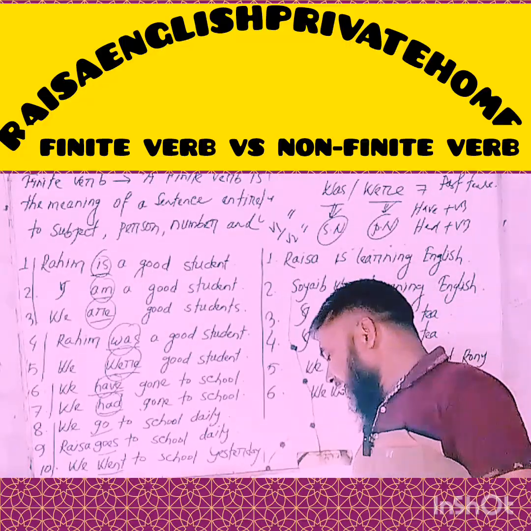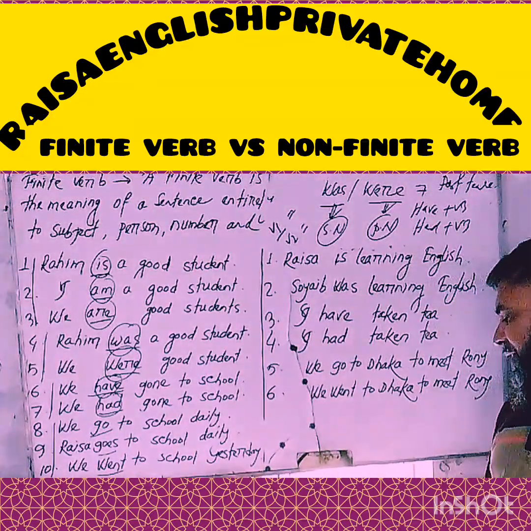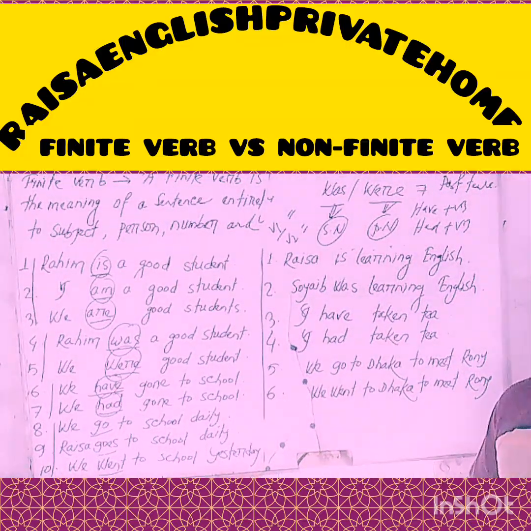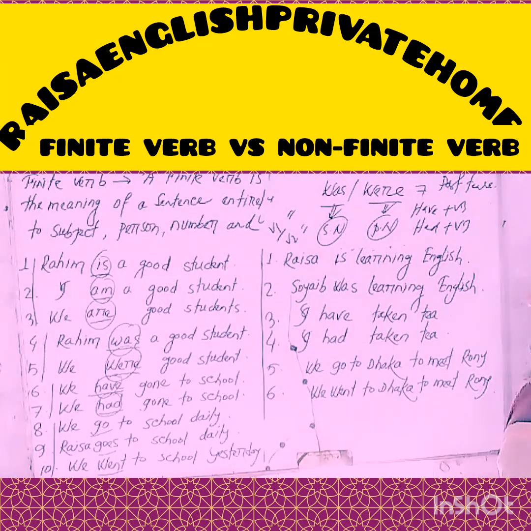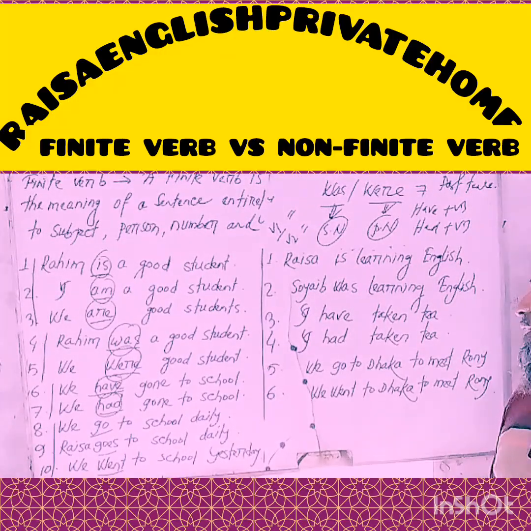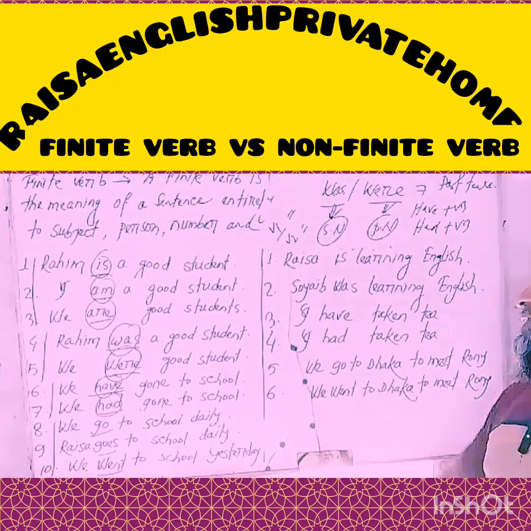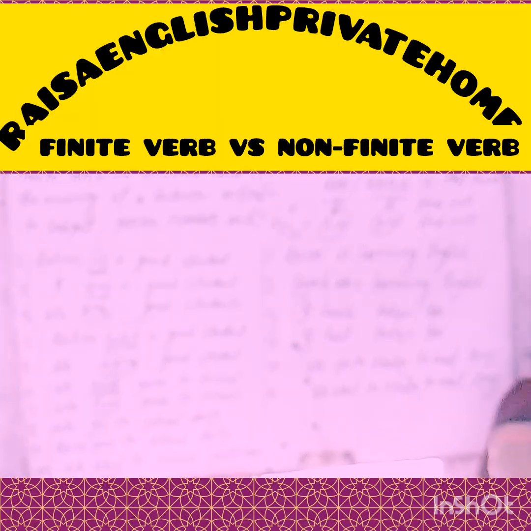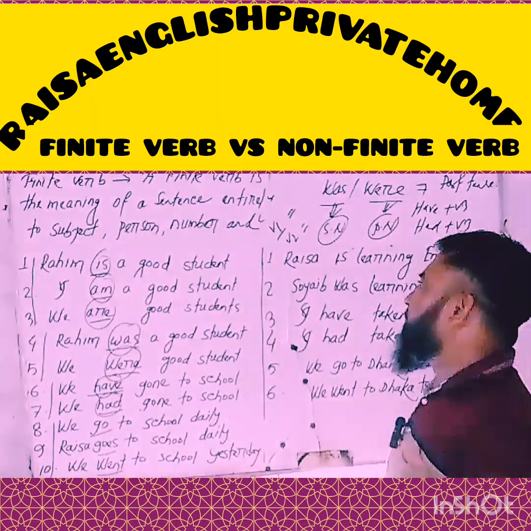And finally, I want to say that, my dear learners, we can see various kinds of verb in our English grammar, and among various kinds of verb, the verbs whose form can be changed according to their subject, person, number, and tense are called finite verbs. That you have understood clearly.